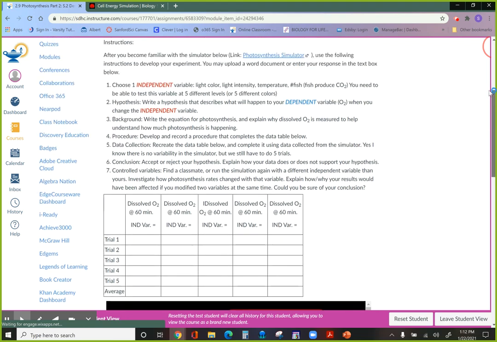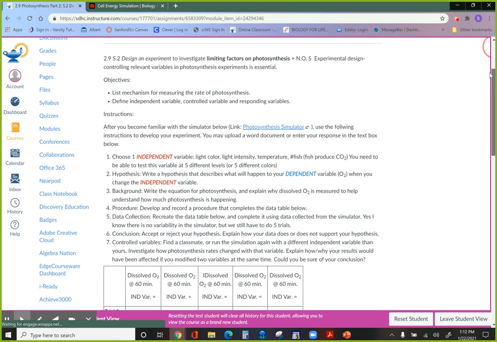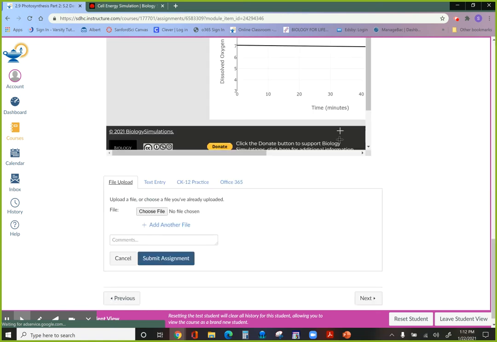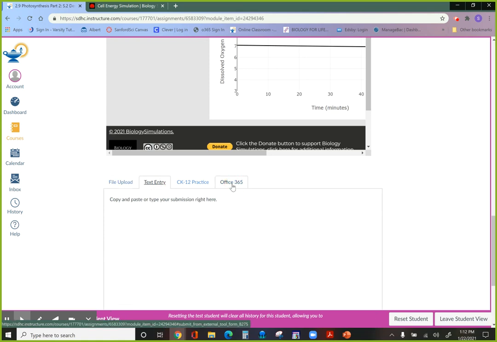There should be a box where you can type if you hit submit assignment, I think. You can type your answers in there, create a 365 document and link it, or write a Word document and upload it, that's fine too. If you want to write it on a sheet of paper and upload it, you can do that too. But I have to be able to read it.